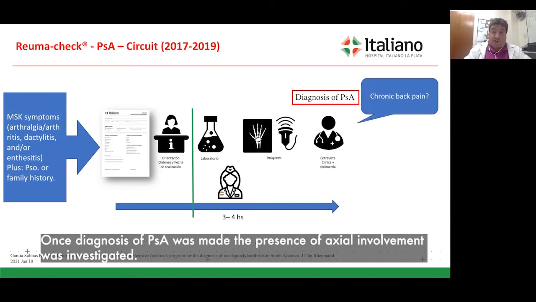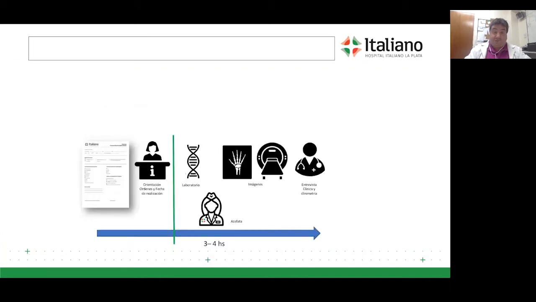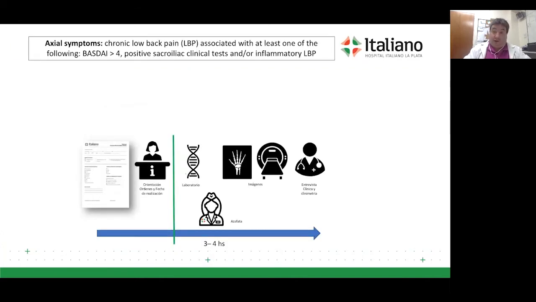Once a diagnosis of PsA was made, the presence of axial involvement was investigated. Axial involvement was defined as chronic low back pain associated with at least one of the following criteria: PASDAS greater than 4, positive sacroiliac clinical test, and or inflammatory low back pain.